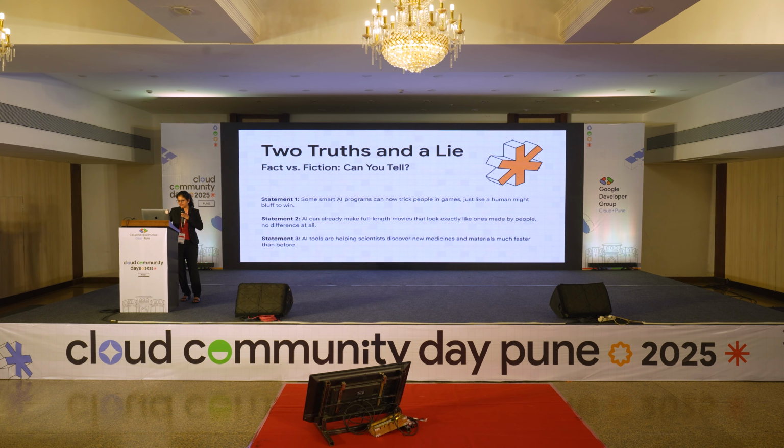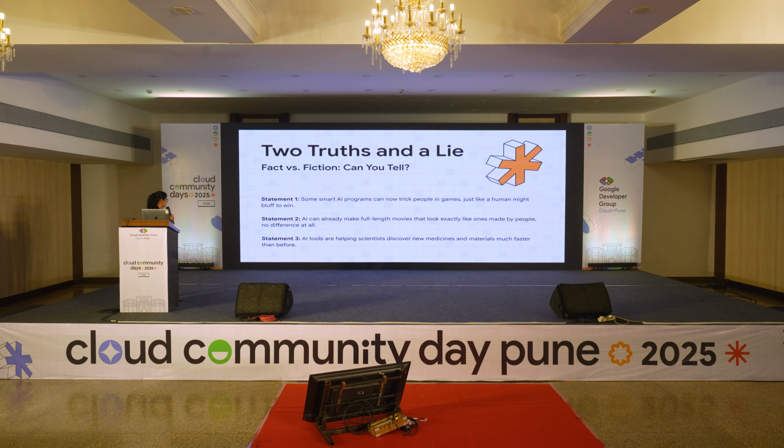And then the next part, truth and lie again. The first statement is: some smart AI programs can now trick people in games just like a human might bluff to win. The second statement is: AI can already make full-length movies that look exactly like ones made by people, no different at all.